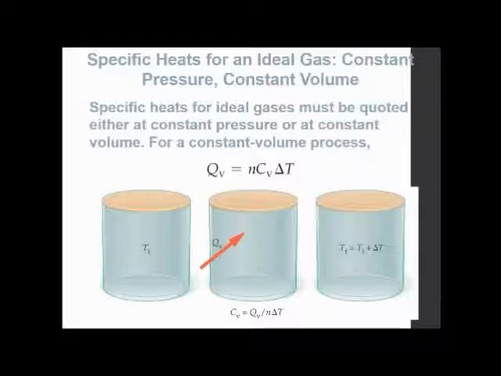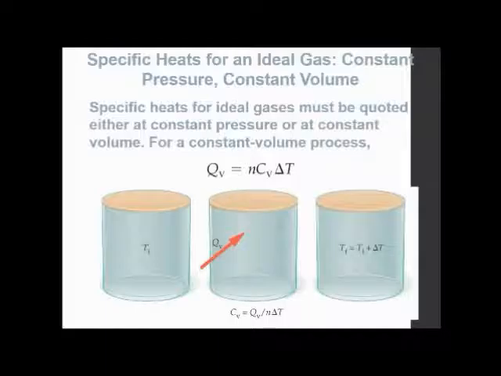Now coming to the specific heat for ideal gas, constant pressure and constant volume. You are quite aware of these terms: specific heat, constant pressure, constant volume, Cp, Cv, Mayer's formula. So specific heat for ideal gases must be quoted either at constant pressure or constant volume.